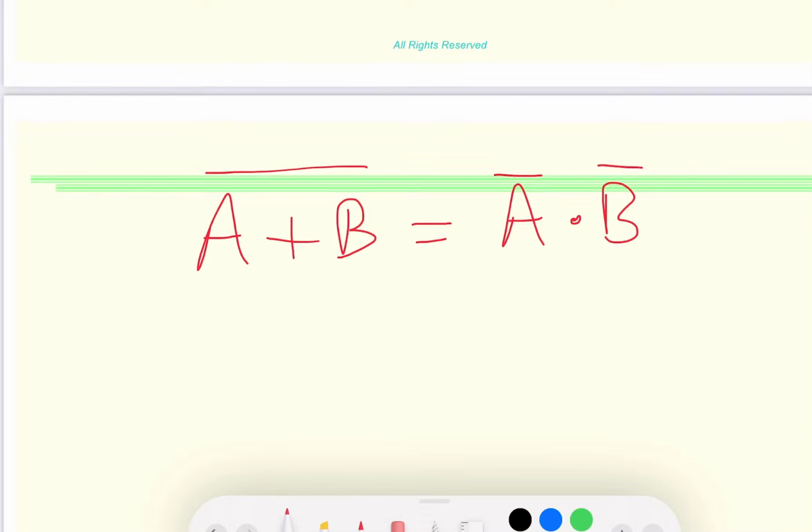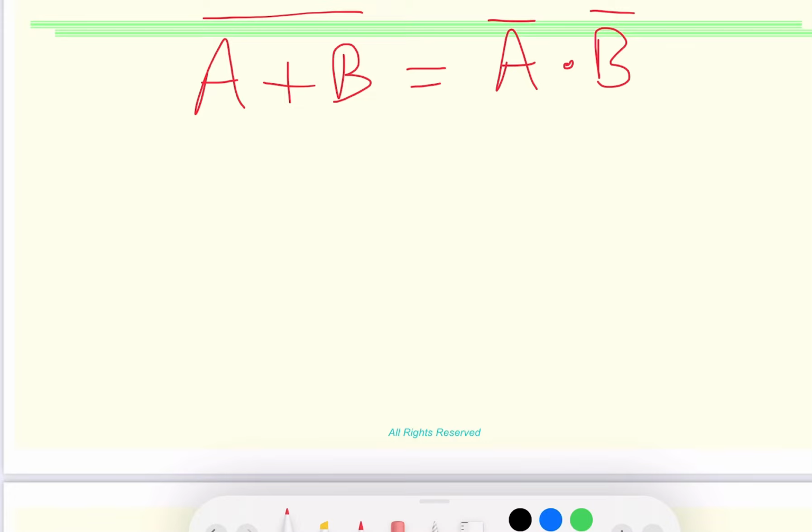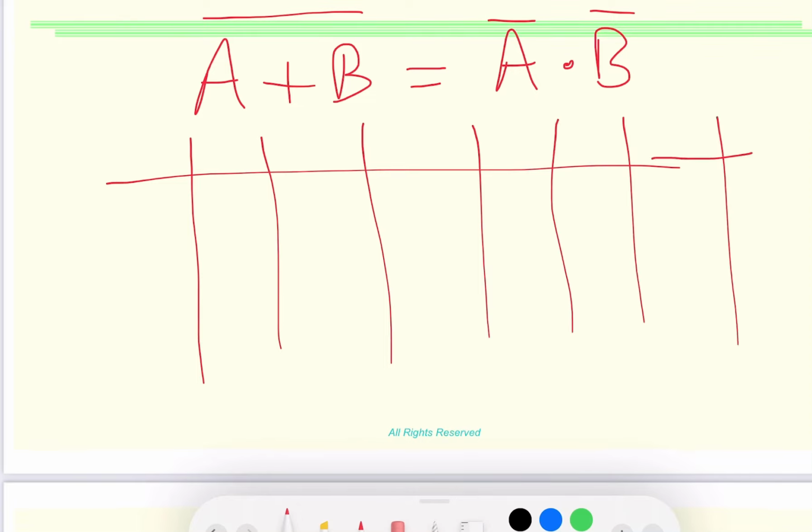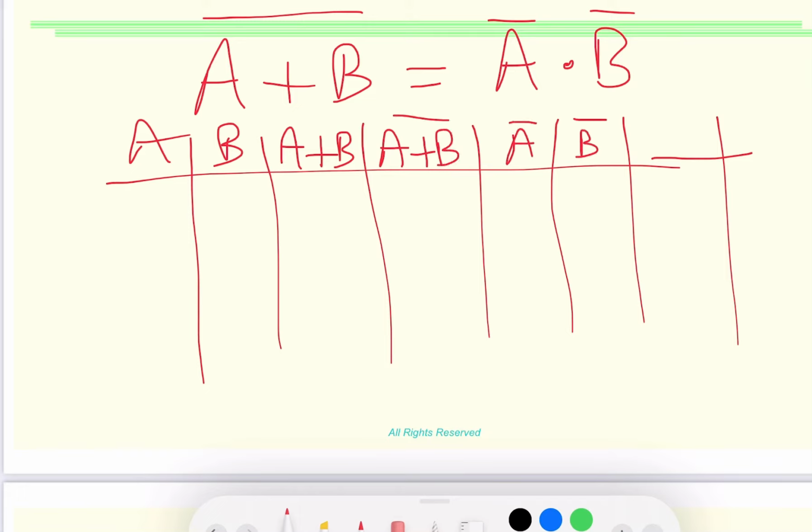Again, for this also we can write a truth table and see how that holds. So again, A, B, now we take A plus B and its complement, which is the left-hand side, and then we see how that holds for the right-hand side.